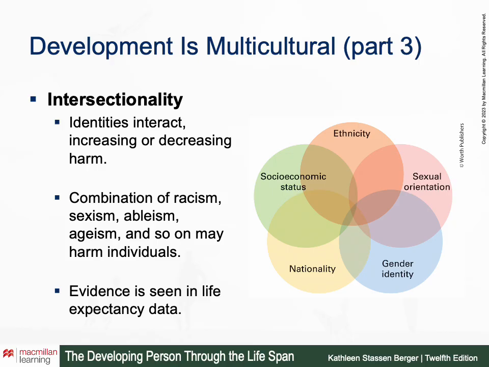So if there's an individual who is in multiple marginalized groups, right? Then the impact on their life expectancy can be shown in data.